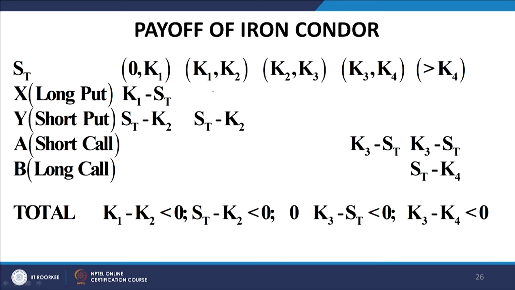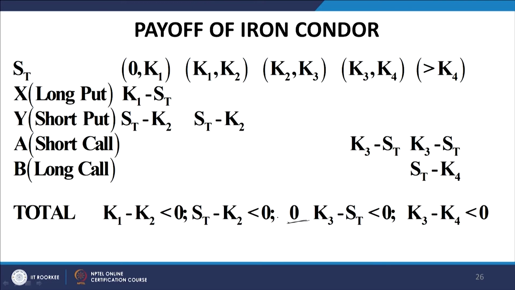If you aggregate all these cash flows, what you find is that in every scenario except when the stock price lies between K2 and K3, the payoff is negative. There is only one scenario, the best case scenario, in which the payoff is 0. This is the maturity payoff. But remember that you made a profit when you created the strategy.